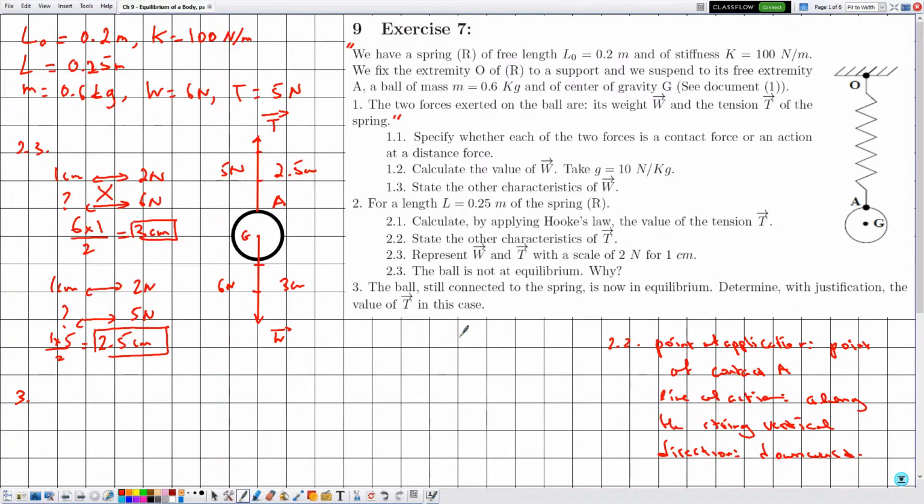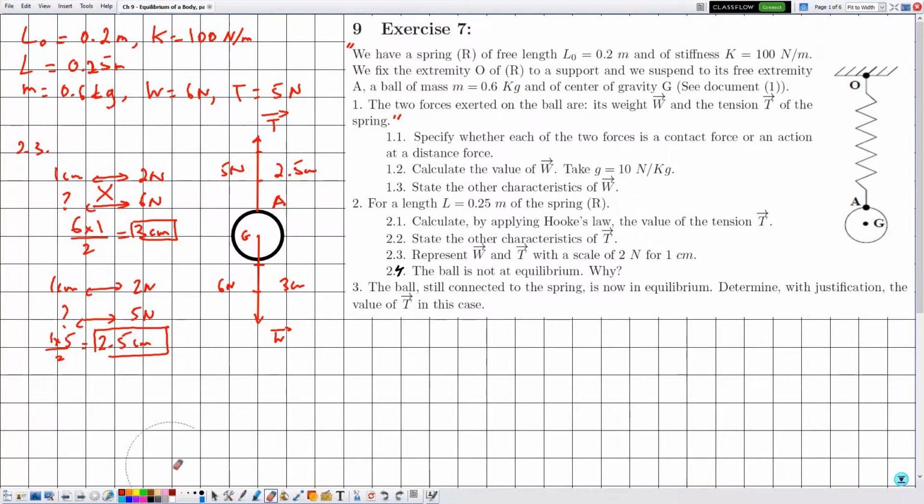Now in number 3, they are telling us the ball is still connected to the spring. So here, let me fix this. This is 2.4. Now in 2.4, they are telling us the ball is not at equilibrium.